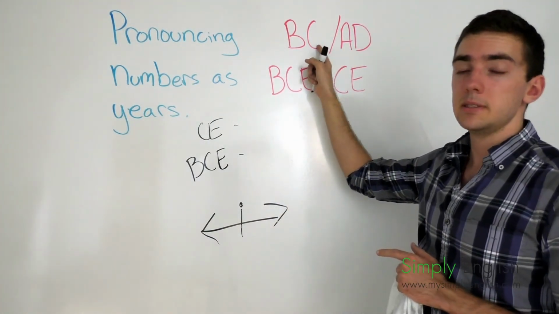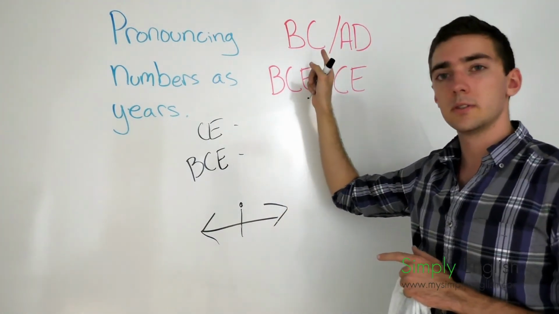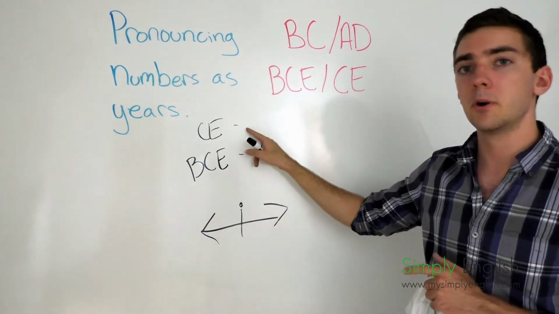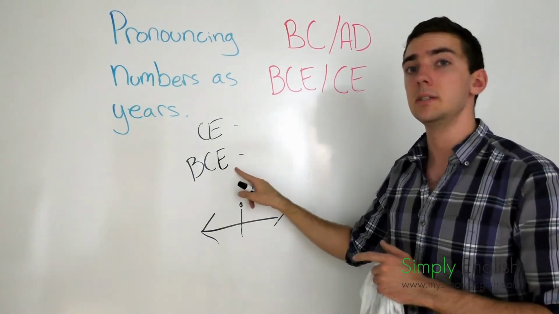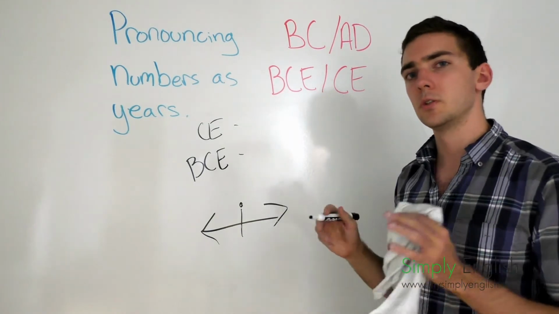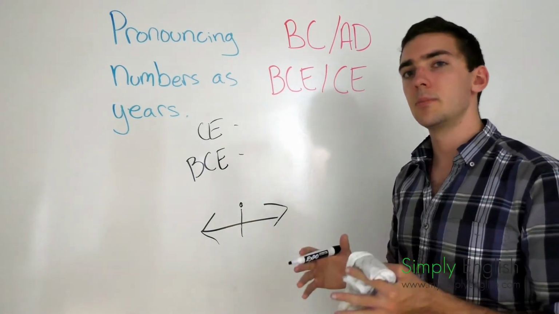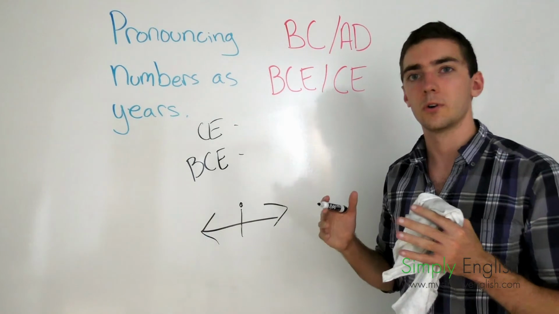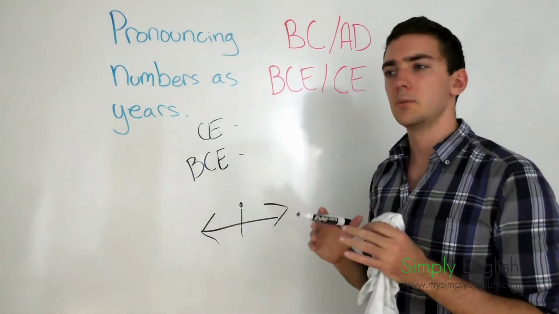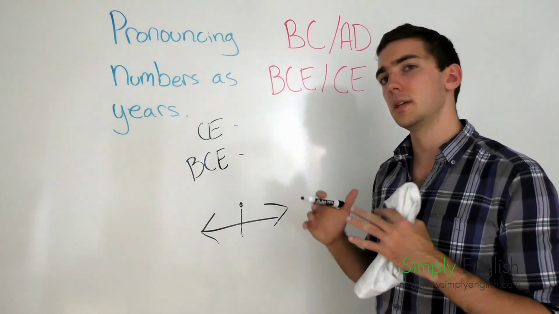Because AD and BC is a direct reference to Christianity, many more people are starting to use CE and BCE to get away from religion and just look towards a common measurement of time for our calendars that won't offend anyone or be prejudiced against any other religions.